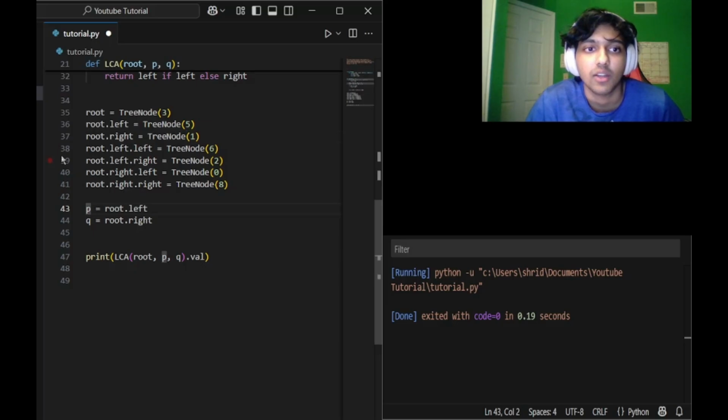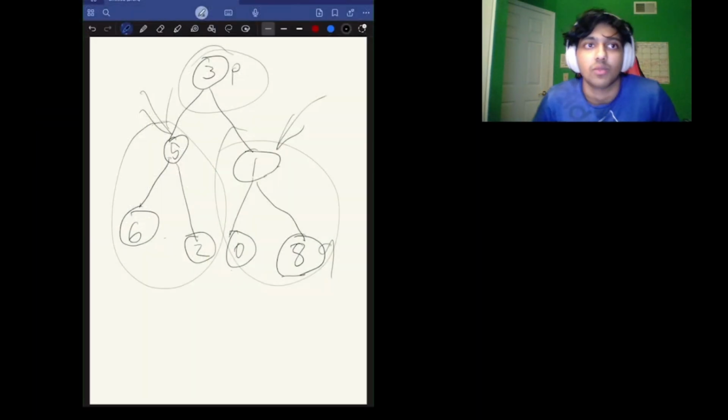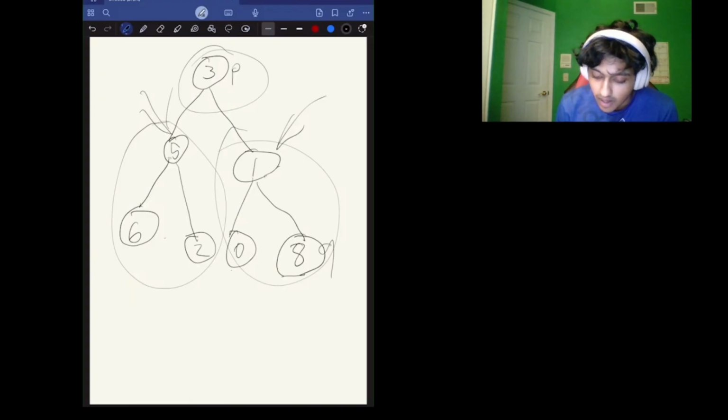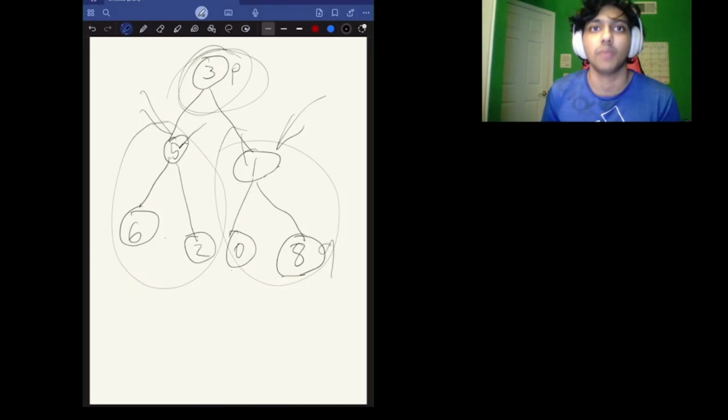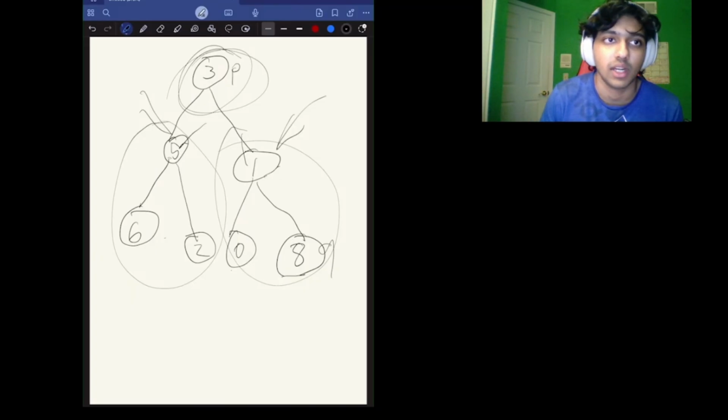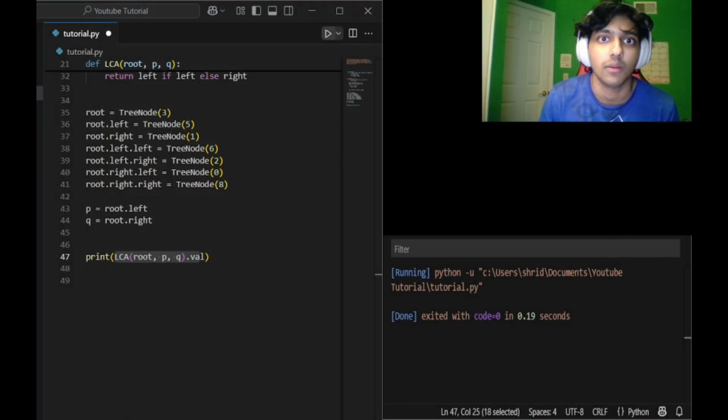So P and Q, those are the values. When we print this out, we're expecting the value of the common ancestor of 5 and 1, which is going to be 3. So when we run this code, we should expect the value to be 3. So let's run the code.